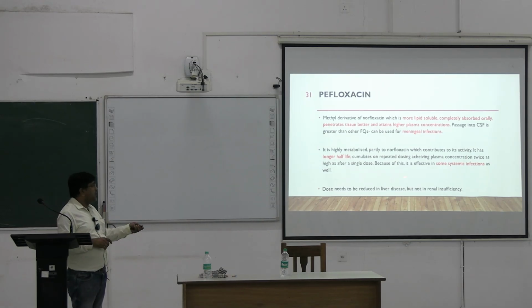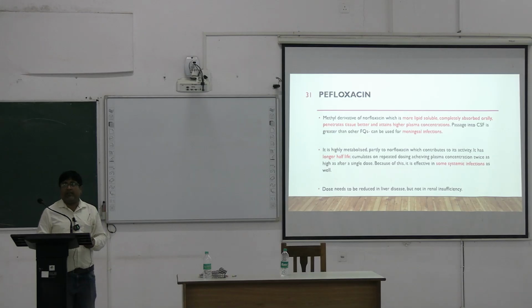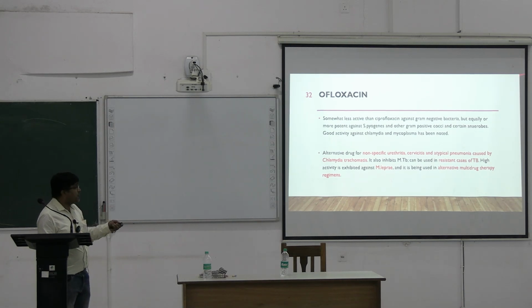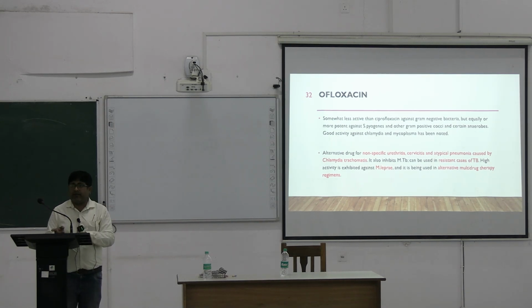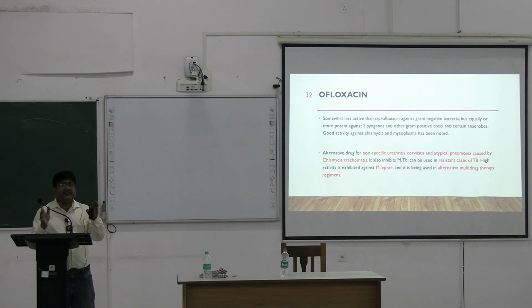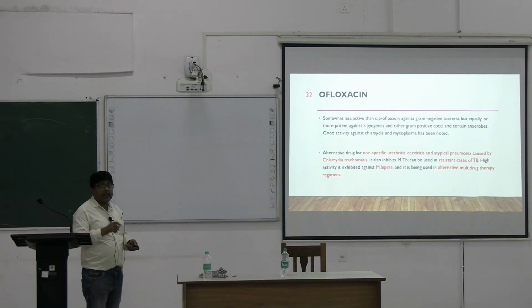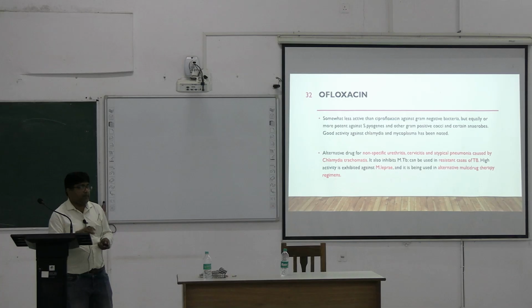Dose needs to be reduced in liver disease but not in renally impaired patients. Ofloxacin is somewhat less effective than ciprofloxacin against gram-negative bacteria, but it has an extended spectrum against gram-positive bacteria, equally or more potent against Streptococcus pyogenes and other gram-positive cocci, and it is active against certain anaerobes even.